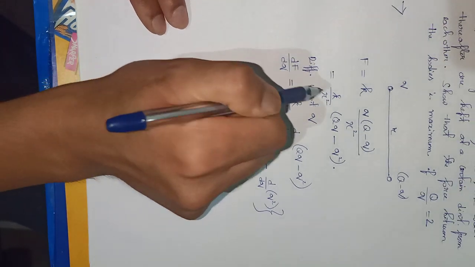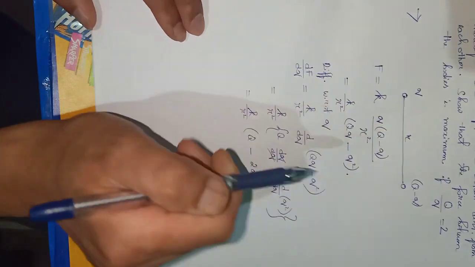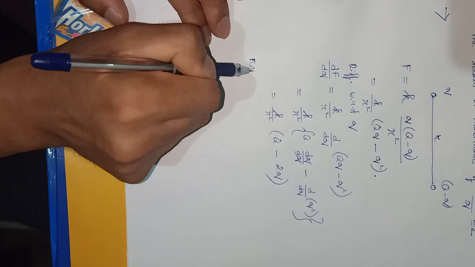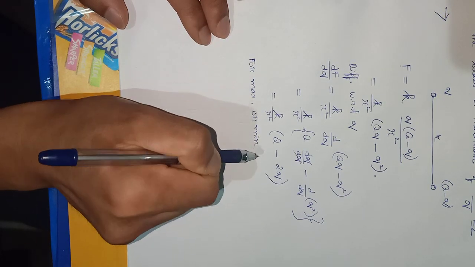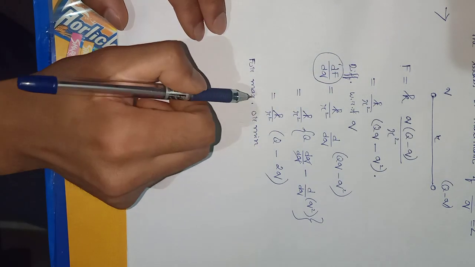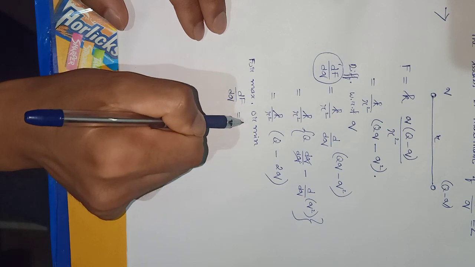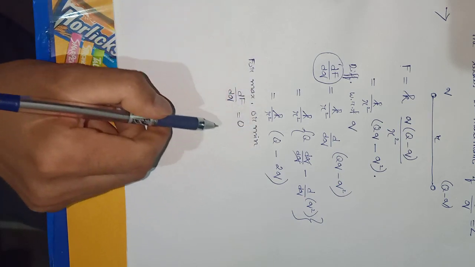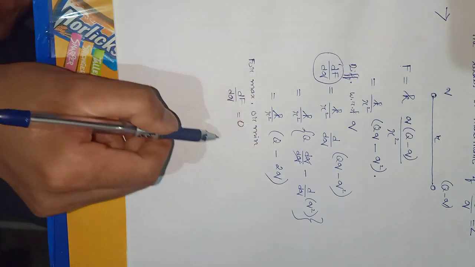Now we want to find out the maximum force, and we know that for a maximum or minimum value, the first derivative should be equal to 0. dF by dq will be equal to 0. You will be studying about this condition of maxima and minima in your calculus.